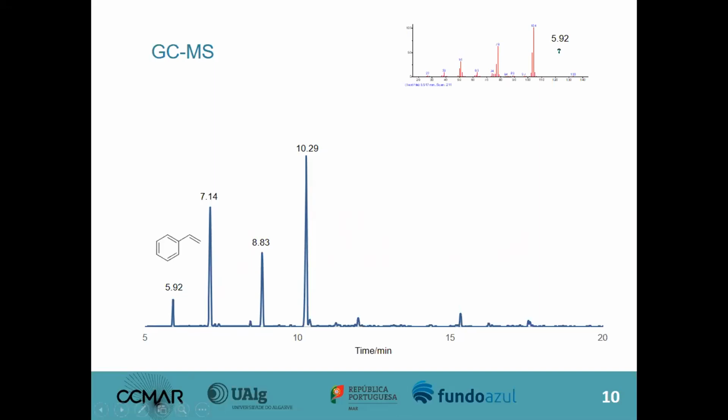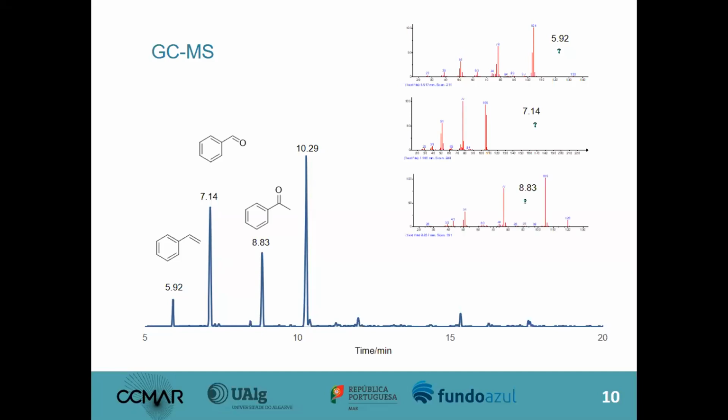So the first peak was styrene. So it looks like this is a spectrum or a GC profile resulting from the thermal degradation of polystyrene. The next peak has this spectrum and was assigned to benzaldehyde. The other one was assigned to acetophenone.